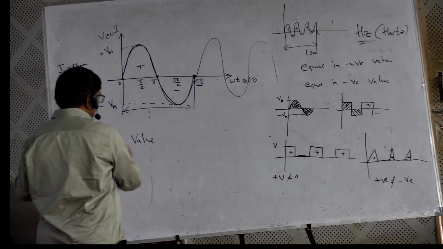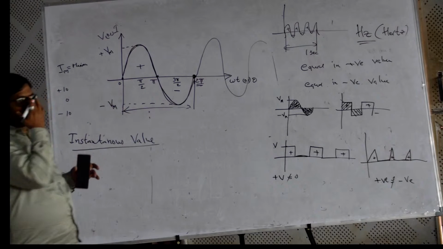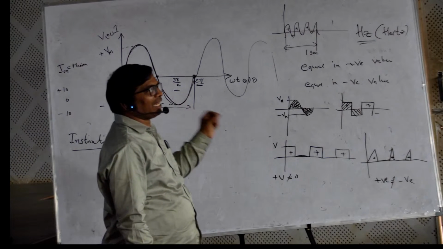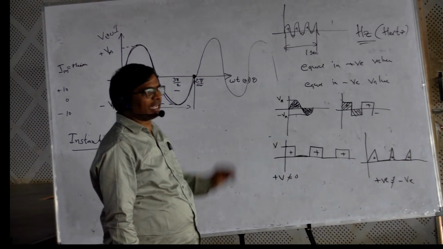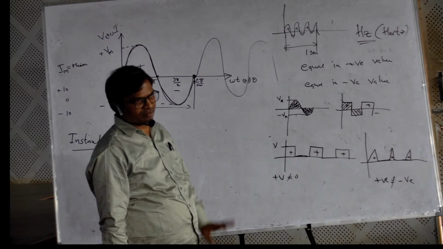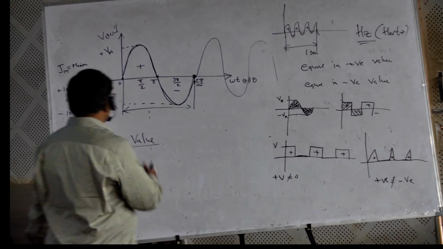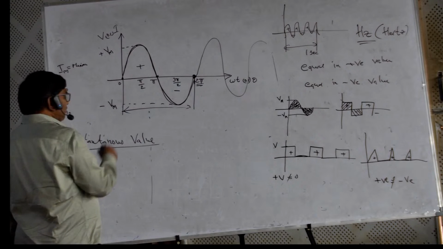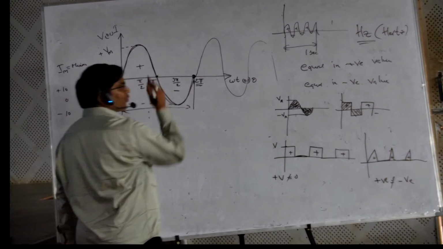What do you mean by instantaneous value? The value of the waveform at any instant of time or at any instant of angle. So for example, if we take instantaneous value, what is the meaning of instantaneous here? With respect to the x-axis we have to take.